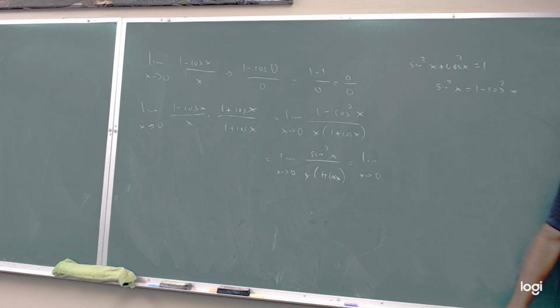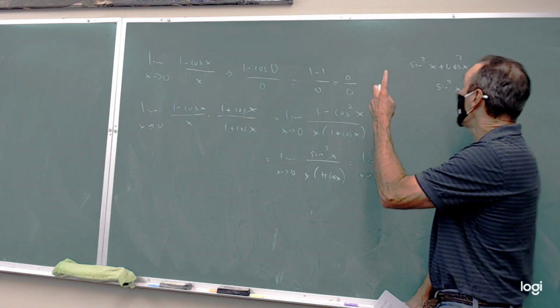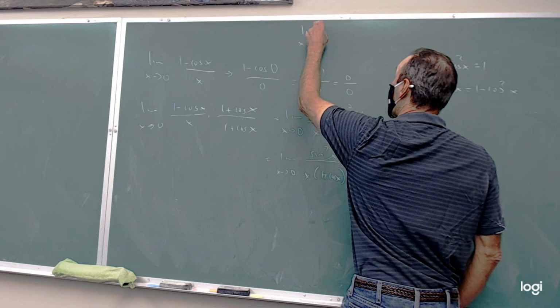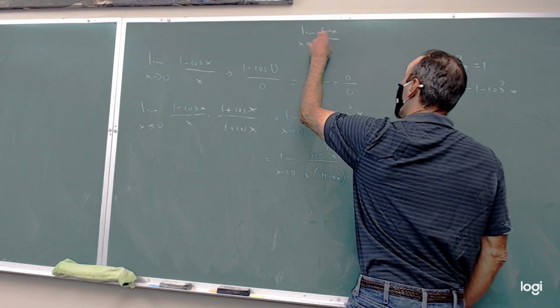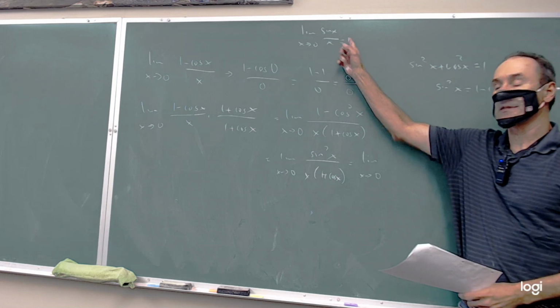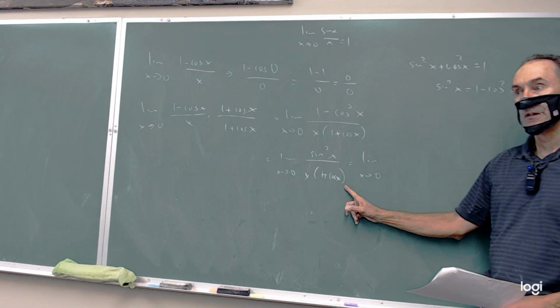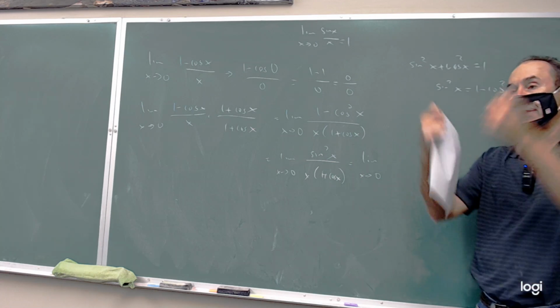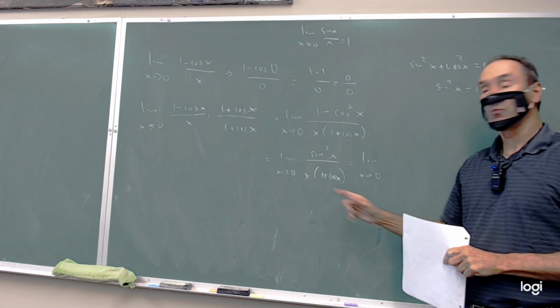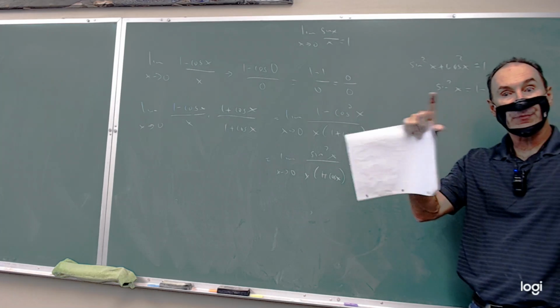So here's where we're going to tease it apart. Remember, the one thing we know is the limit as x goes to 0 of sine x over x is 1. So we're going to create this limit out of this. So the sine squared, I'm going to think of as being sine times sine. This x times 1 plus cosine x, I'm going to pull those apart.